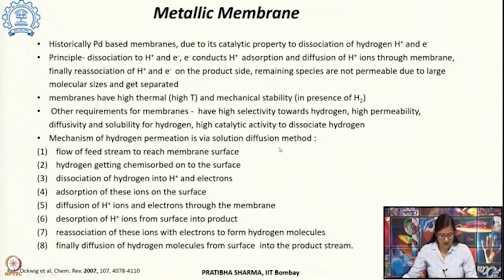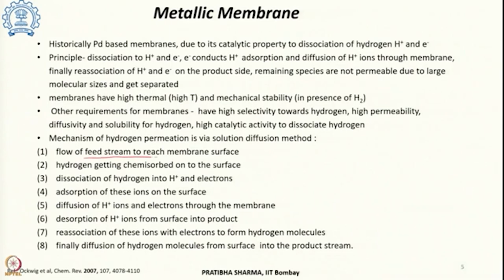So the process is such that when the feed stream flows and reaches the membrane surface, the hydrogen molecule gets chemisorbed onto the surface of the membrane. Finally it dissociates into H plus and electron, which get adsorbed onto the surface of the membrane.